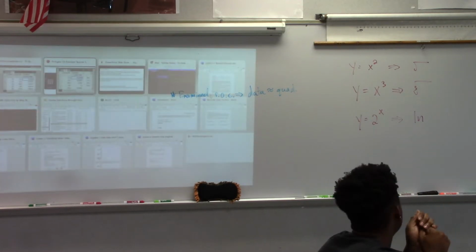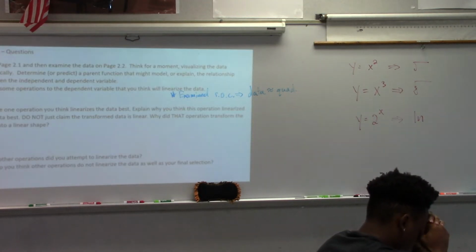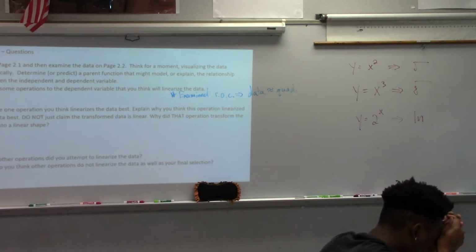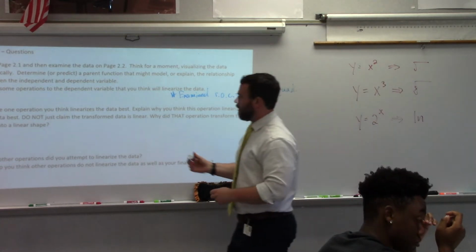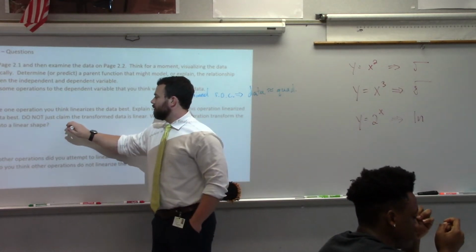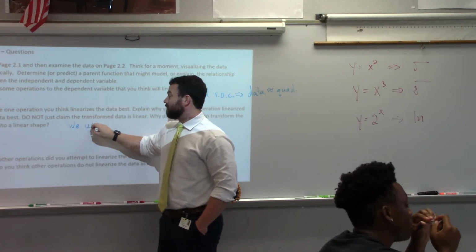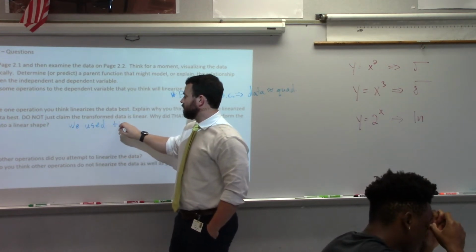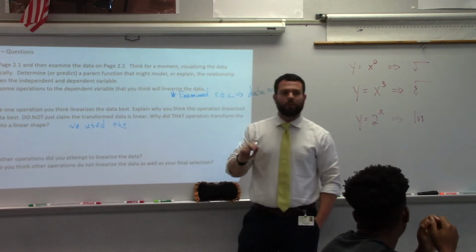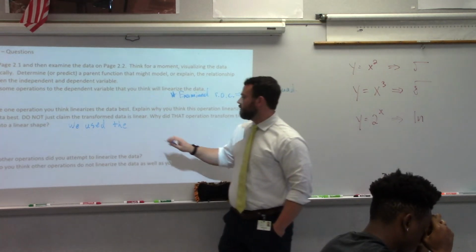But when I look here at this question, what was it that told us when we took the square root? Choose one operation you think linearizes the data best. What operation would we say? We used the square root.